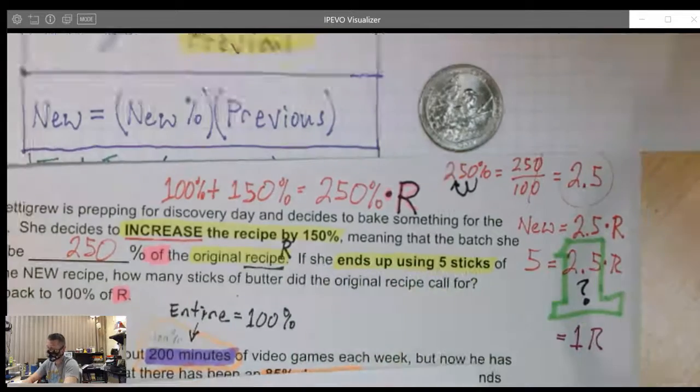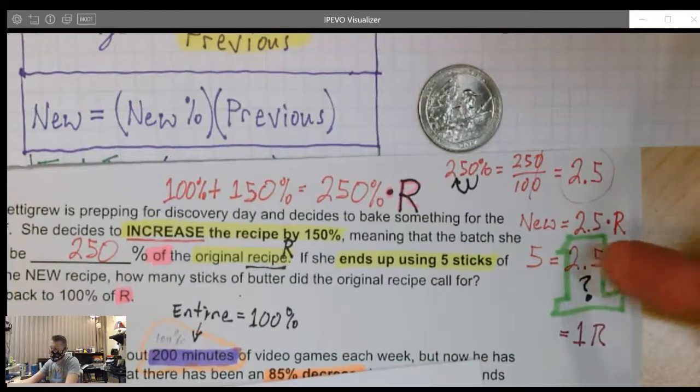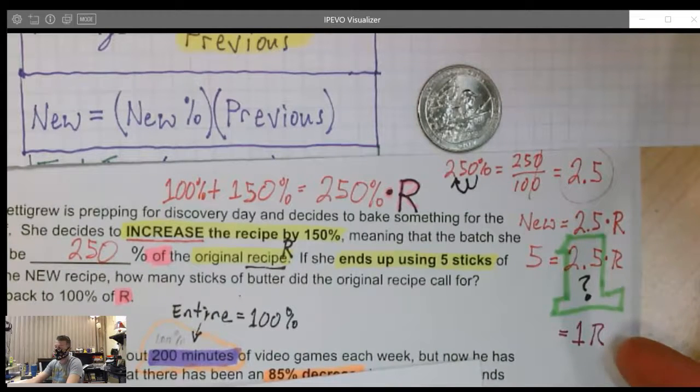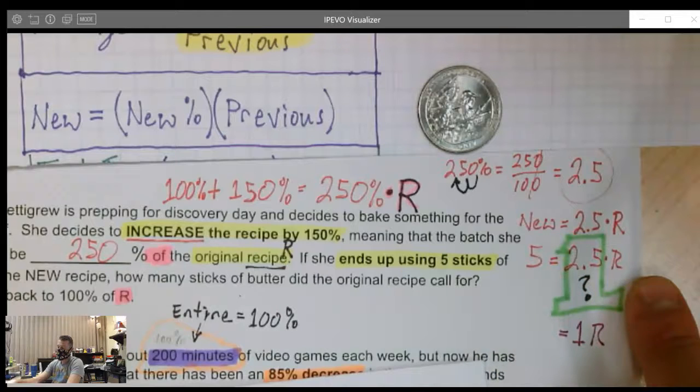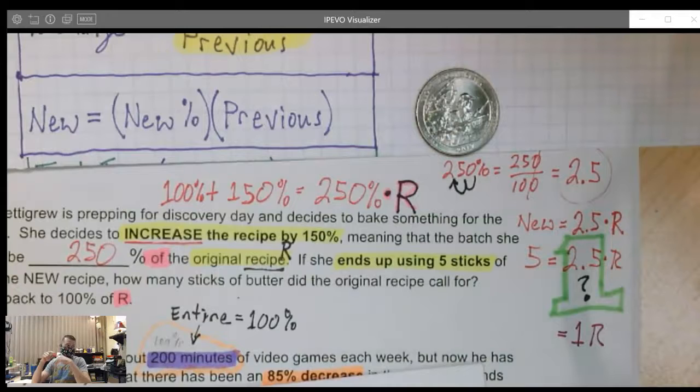So she ends up using 5 sticks. That is our new. Now the thing I'm not going to tell you here, and please do not say it out loud, is how do I turn 2.5R into 1R? Well, if we remember our CPM strategy, we can make a giant one by doing a certain something, don't say it, on both sides. Because if we do it over here, we can get a giant one, and then we have to do it over here.